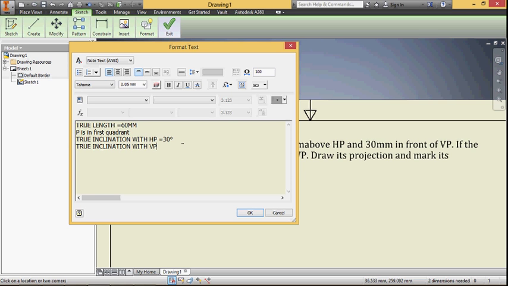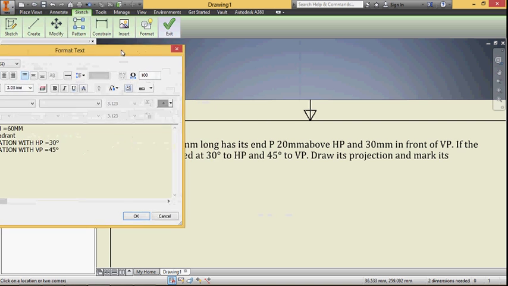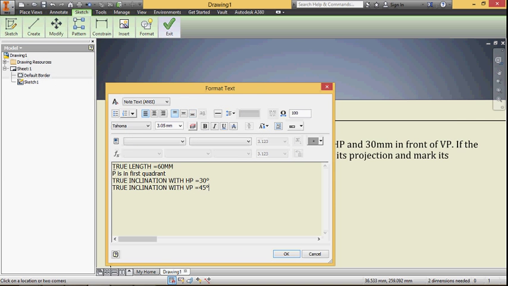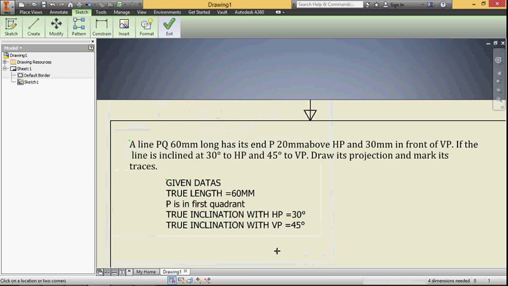True inclination with VP is equal to 45 degree. Draw its projections and mark its traces. So these are the given datas.